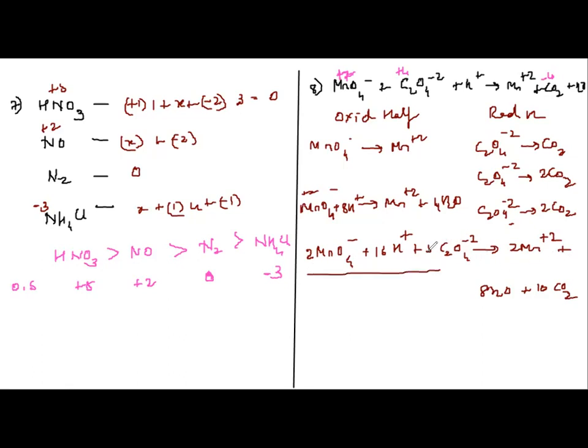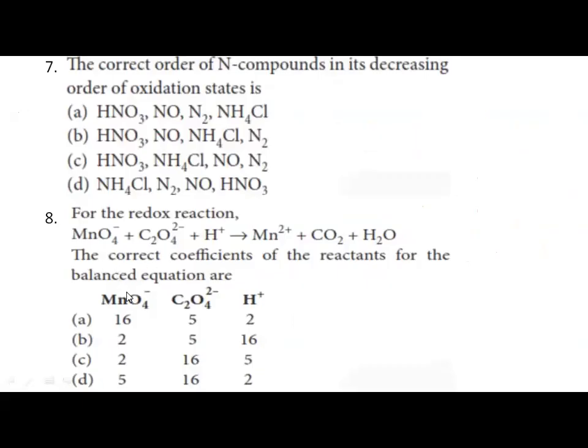So it is 2 MnO4 minus plus 16H plus 5C2O4 minus 2 gives 2Mn plus 2 plus 8H2O plus 10CO2. So which is our correct option? What is the coefficient for MnO4 minus? The coefficient for MnO4 minus is 2.